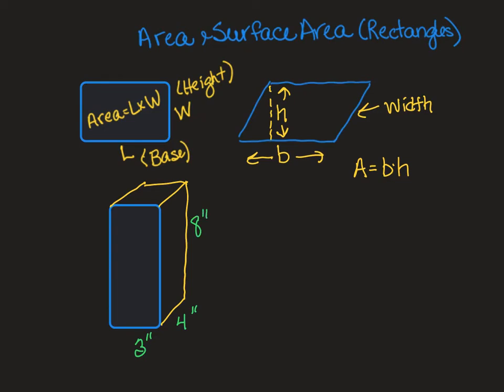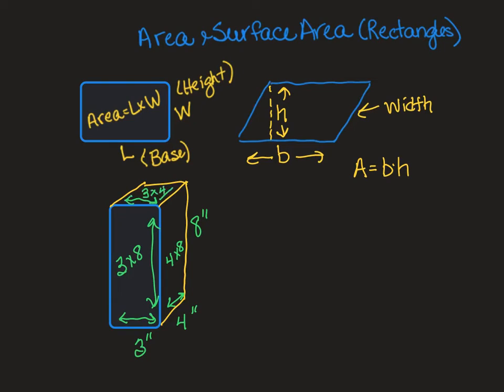Okay, so now I'm looking at the sides. So this right here is 3 by 8. Okay, this one here still has the 8, but it's 4 by 8. Up here I have this, which is 3, and this, which is 4.